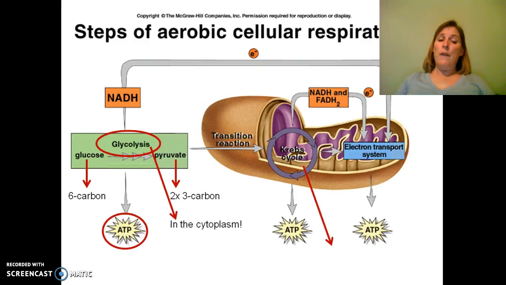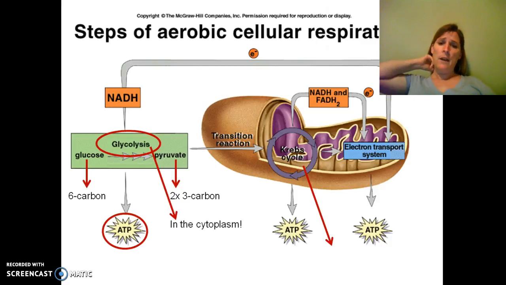All right, so now we're going to take that pyruvate and enter into the Krebs cycle. The Krebs cycle is going to take place inside the matrix. That's the inside of that inner membrane area. So we're going to go inside the matrix and take that pyruvate and put it through the Krebs cycle.